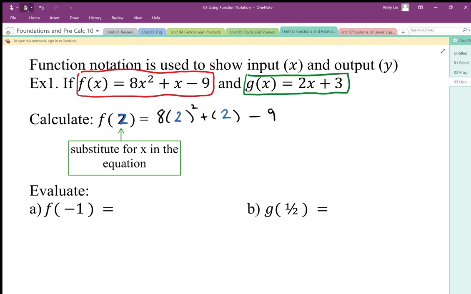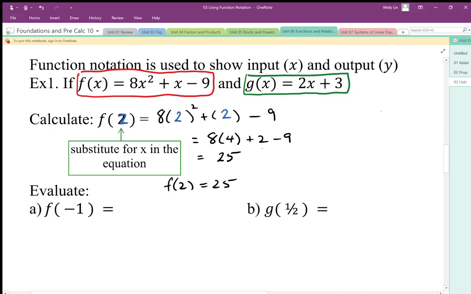When I do the function, I'm going to get my output. So my f of 2 is going to equal 8 times 2 squared plus 2 minus 9. This becomes 32 plus 2 is 34, minus 9 works out to be 25. So we say that f of 2 is equal to 25.